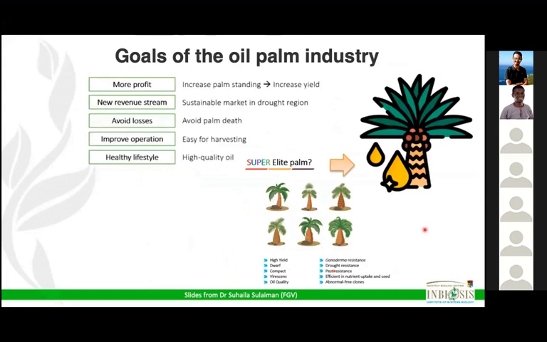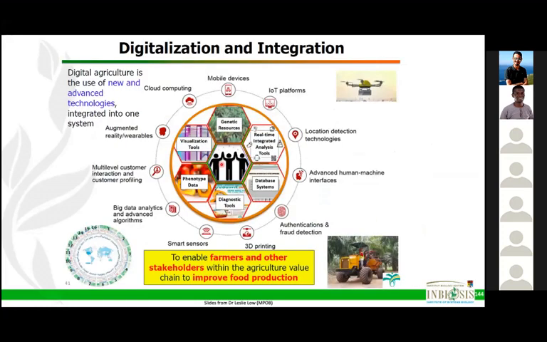And the goal for the crop industry is to make more profit. So that's the reality. For all the research, you have to apply it to the industry, and for them it is to increase yield for better profit. And we want more sustainable agriculture by having better plant materials, and also better products. This requires integration and digitalization with various platforms on cloud computing together with genomic technology.